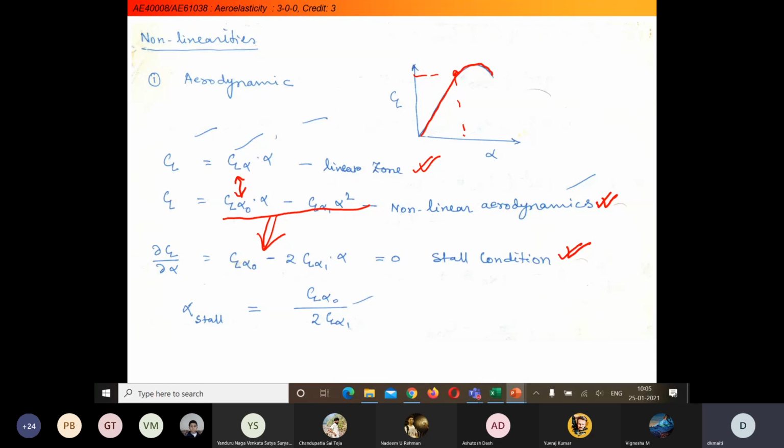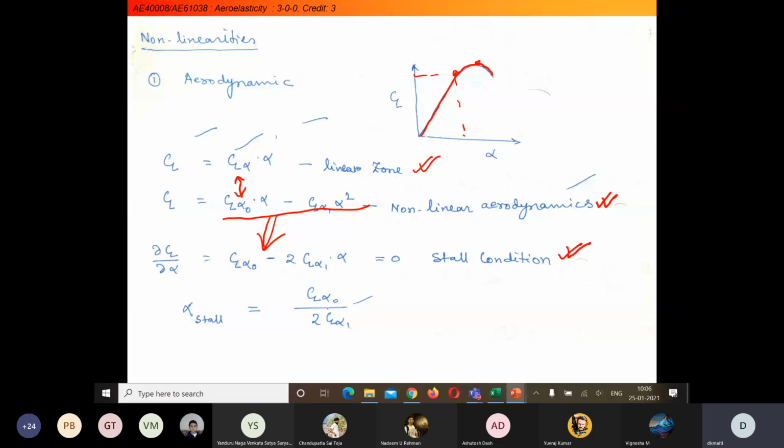Alpha stall, solving this equation, is CL alpha naught divided by 2 CL alpha 1. Obviously when the aircraft is flying, the angle of attack should not reach that point. It should be below that.